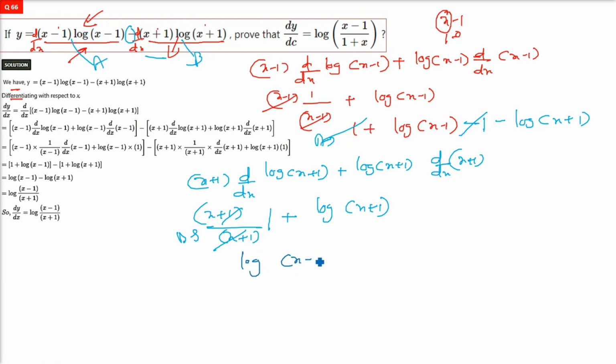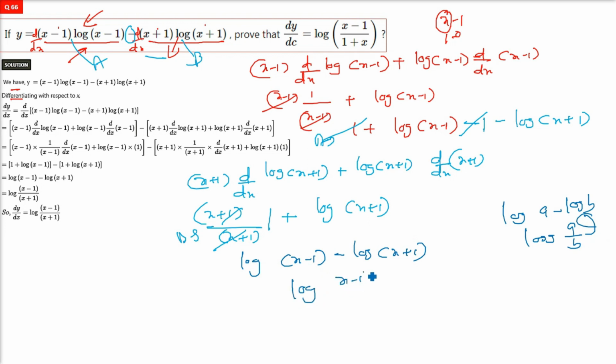This is log A minus log B, and log A minus log B is log A by B. So it will be log (x minus 1) by (x plus 1), and this is equal to dy by dx. Alright? And that is what we have to prove.